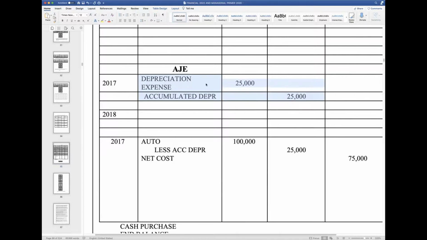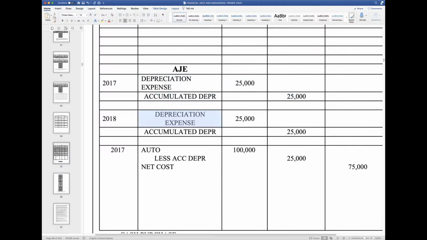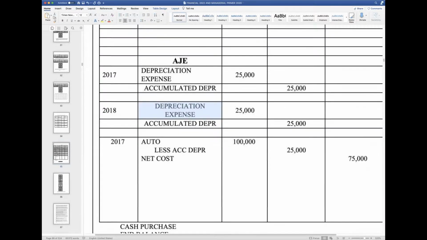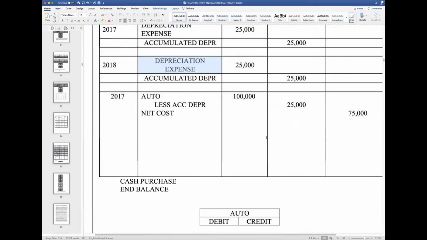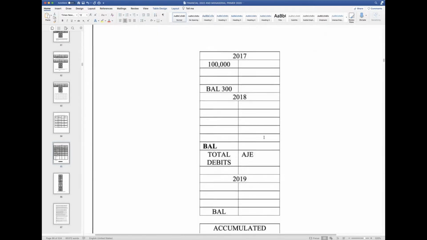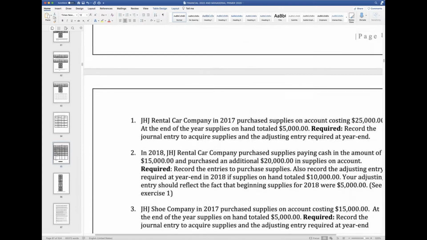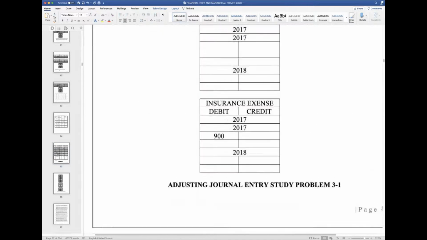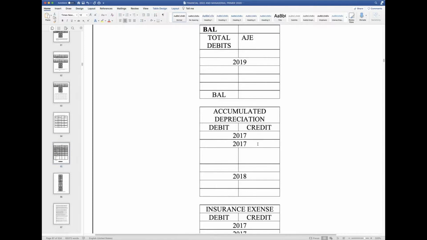So the only thing you have to do for your depreciation is copy the same thing. At 2018, the AJE is the same thing. So accumulated depreciation in 2017 was 25,000.